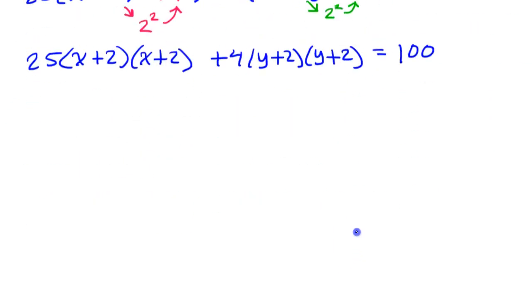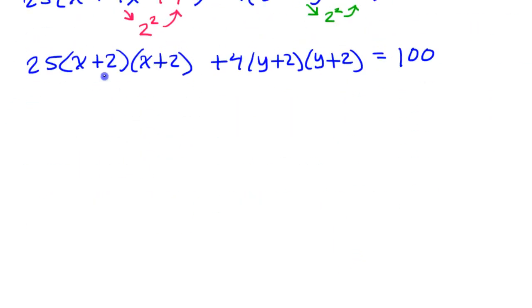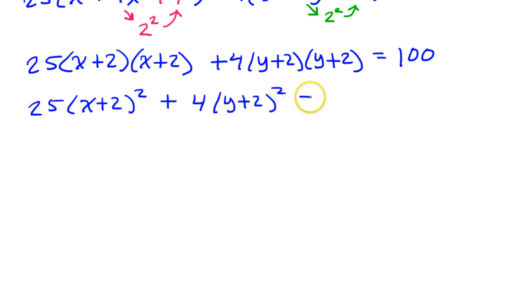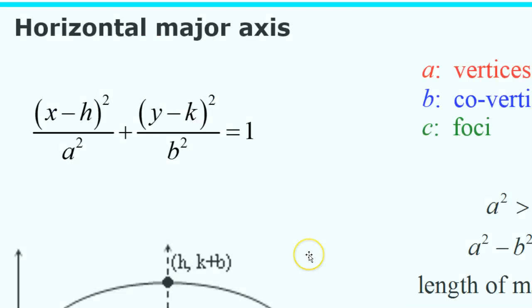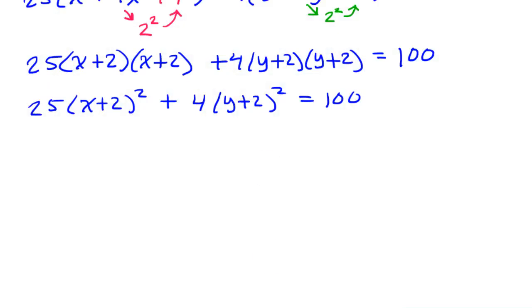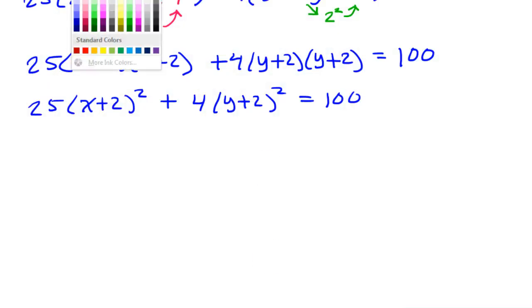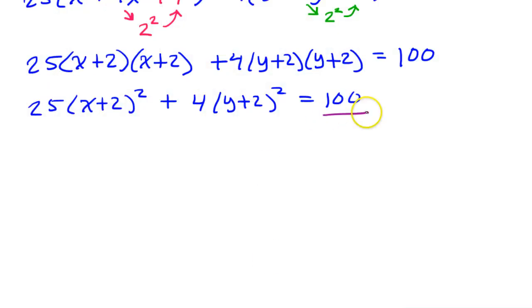Okay, so because this is the same thing twice, I can write this as 25 times x plus 2 squared plus 4 times y plus 2 squared is equal to 100. For standard form, we need equals 1 on the right hand side. So we will divide by 100 to get the 1 that we're looking for.